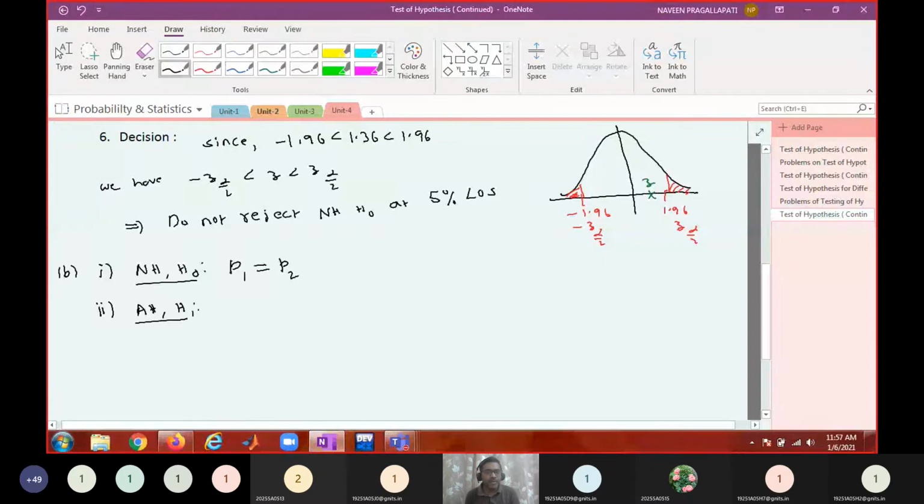So instead of writing this, shall I write it as A? It is A, no? PA equal to PB.